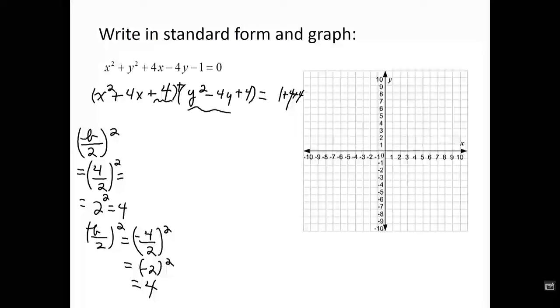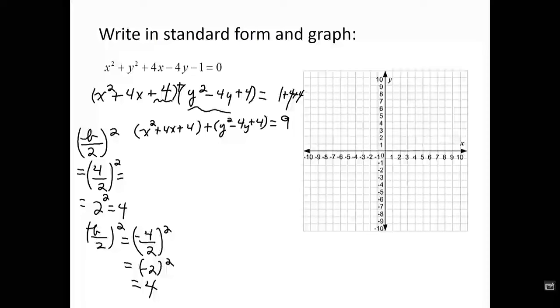Let me just rewrite what I have: x² + 4x + 4 + y² - 4y + 4 = 9. So that's what we have so far.